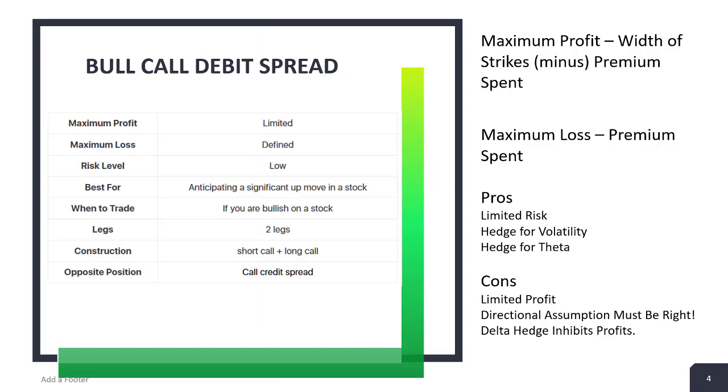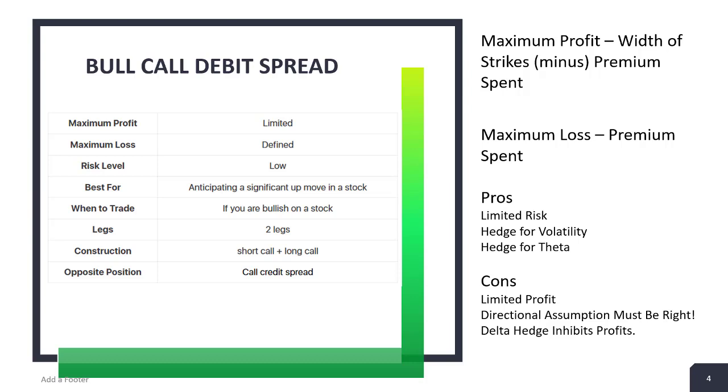So the bull call debit spread, we're going to be limited risk, or limited profit, and a defined risk. We know what the risk is when we go into the trade. The risk level is relatively low. It's a more conservative trade than a straight up directional call, because we put some limiting factors in it.